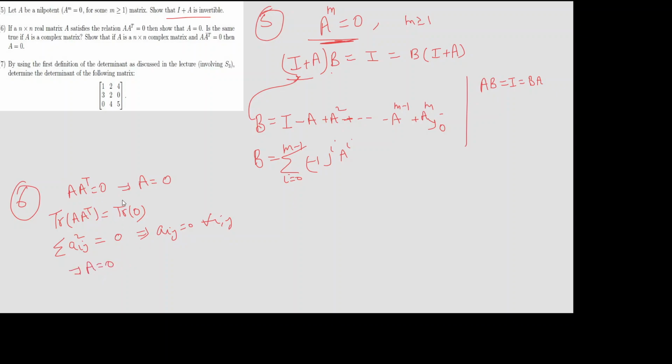But this is not true if A is complex. This is true when A is real, that means all the entries are real numbers. If we consider some matrix which is not real, that means a complex matrix, let's say 1, iota, 0, 0, and we take A transpose A, it will be a null matrix, but A is not a zero matrix.